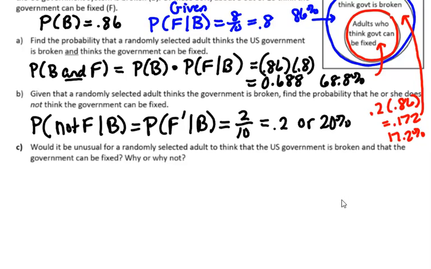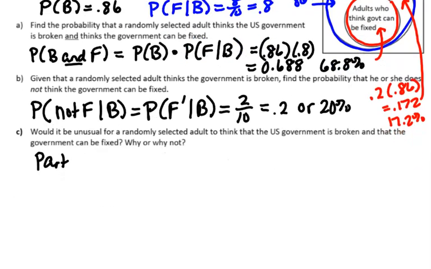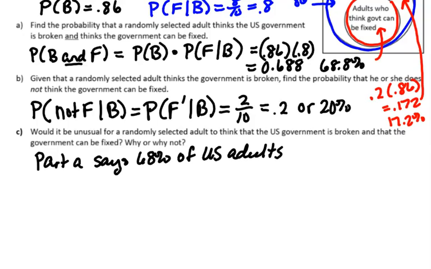Oh yeah, we did, right here in Part A. Part A says that 68% of U.S. adults think the government is broken and can be fixed.